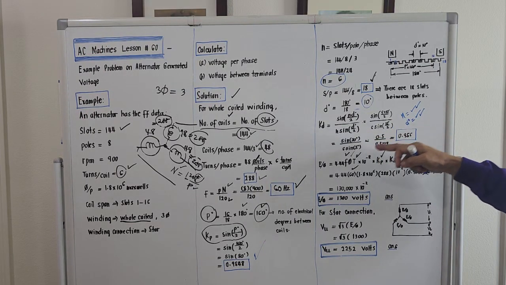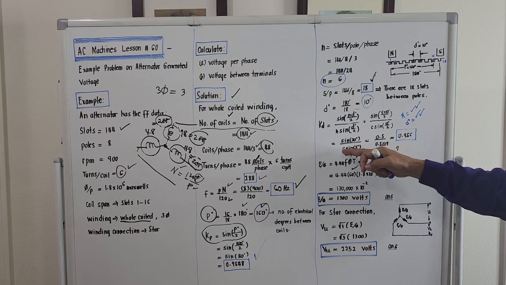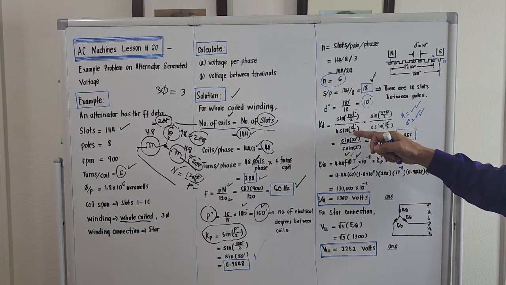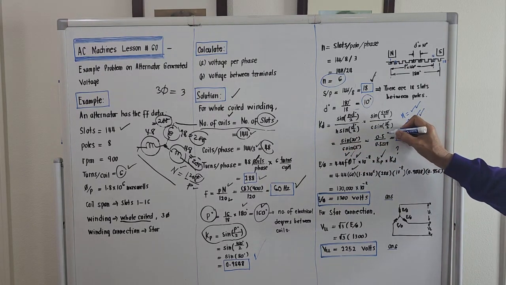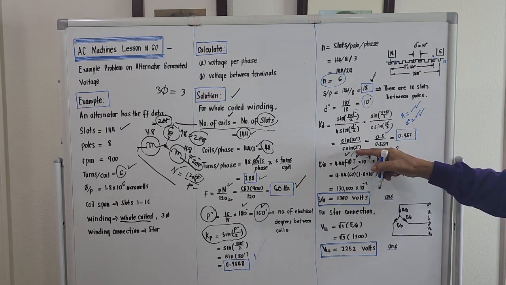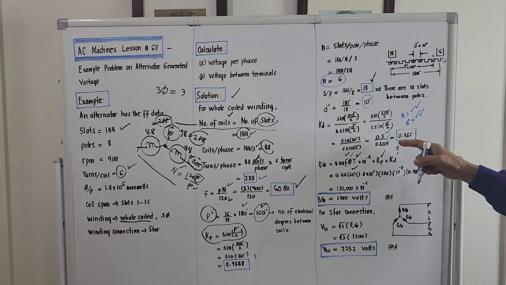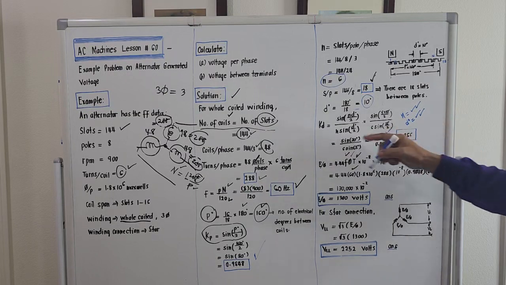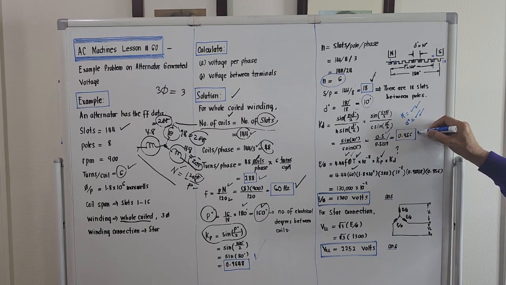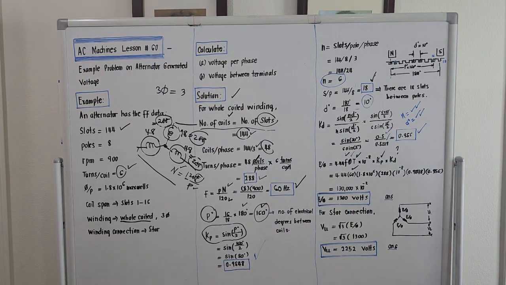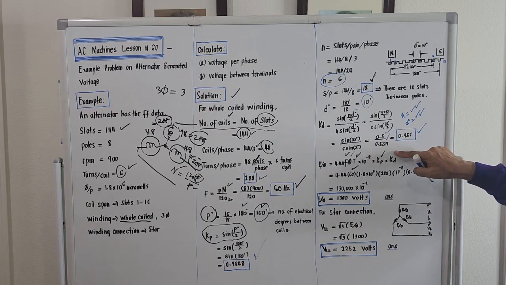And 10 degrees over 2 will be 5 degrees multiplied by 6, right? Sine of 30 degrees will be 0.5, and sine of 5 degrees multiplied by 6 is 0.5229. 0.5 over 0.5229, the distribution factor will be 0.956. Okay, so we now know the value of K sub D.